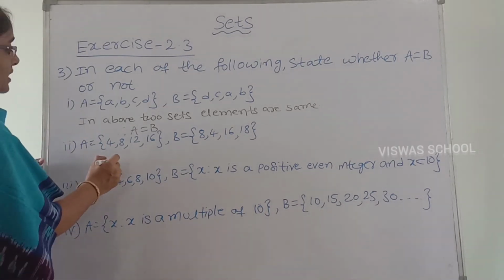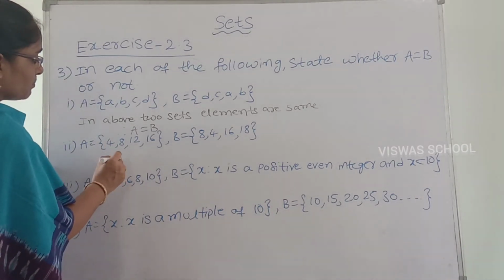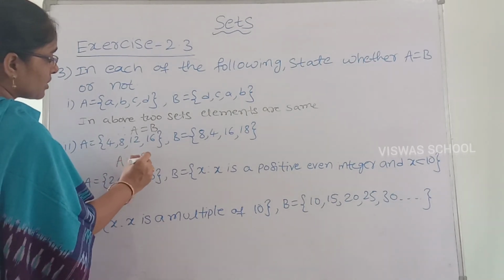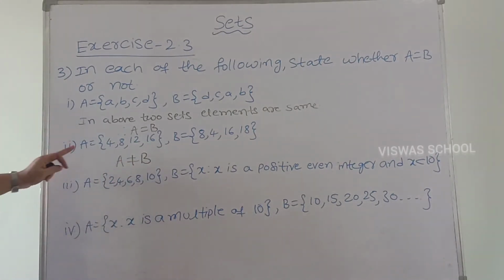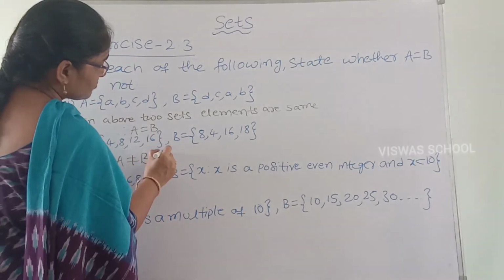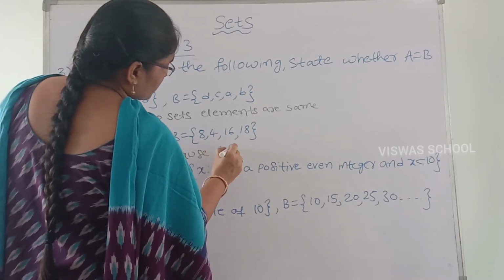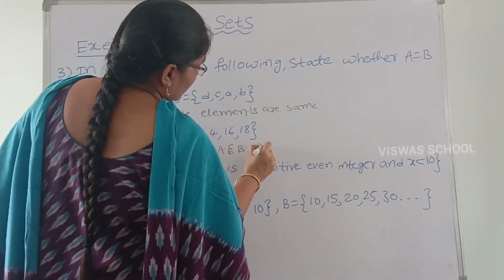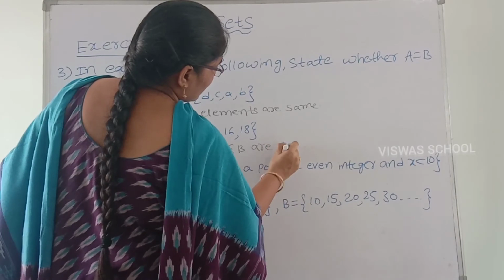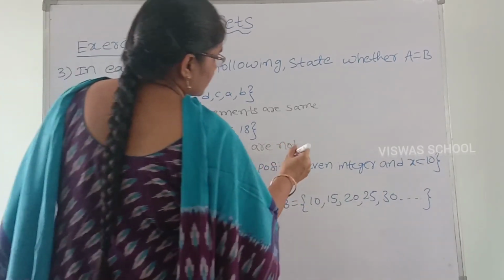That's why A is not equal to B, because A and B do not have the same elements.